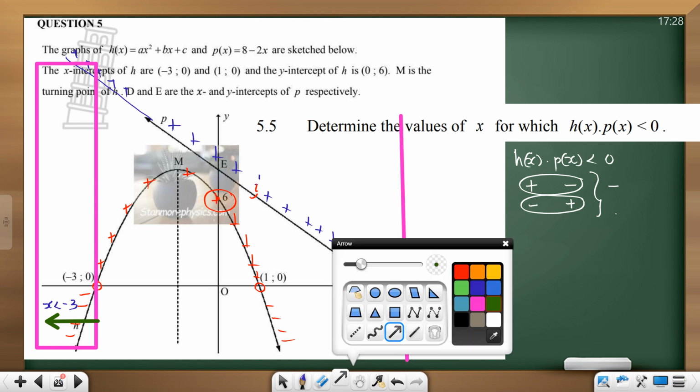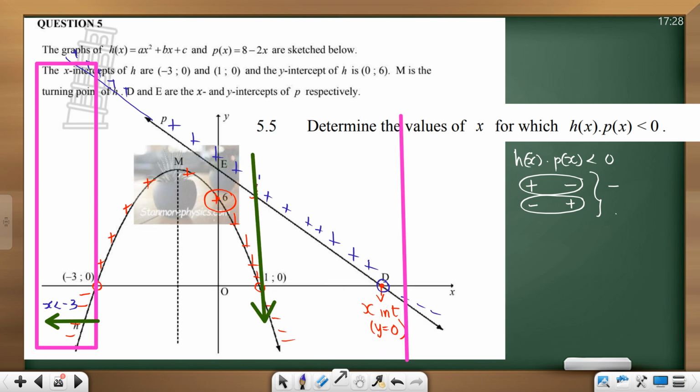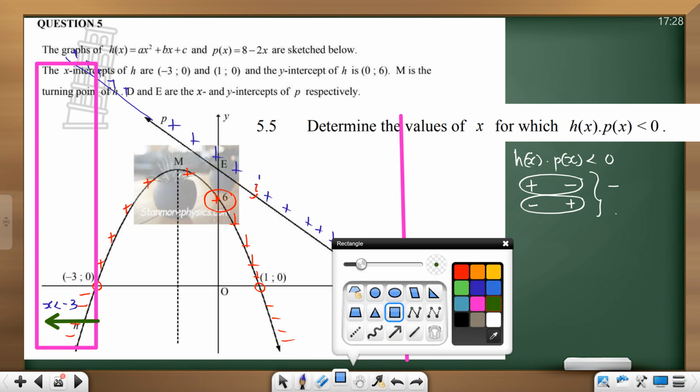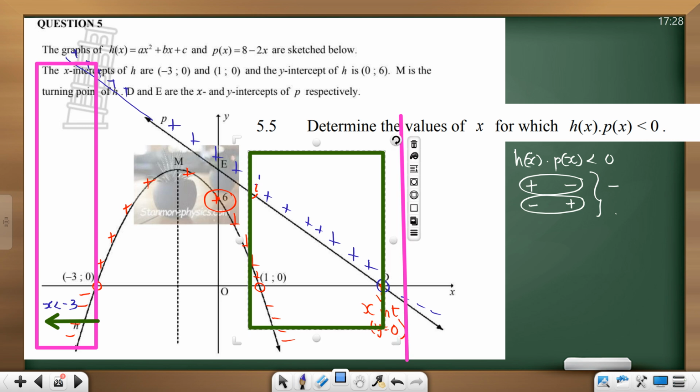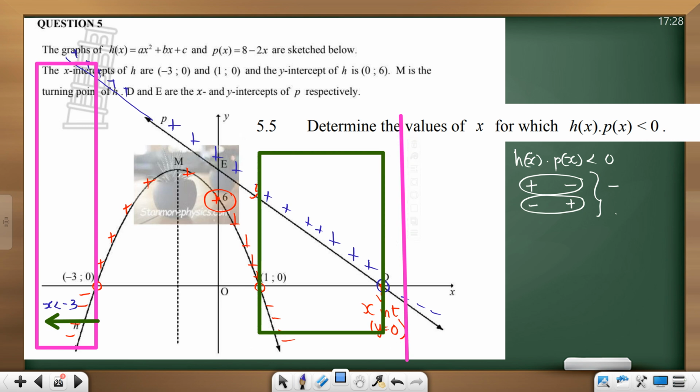So my answer, and I love this one, I'm going to show you how to write this answer. Very sweet. My answer is here, between these 2 points. Please let me know if that makes sense. That's where I have opposite signs. It's between 1 and 4.